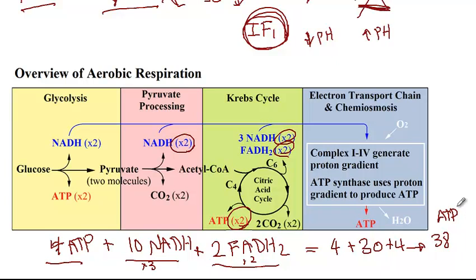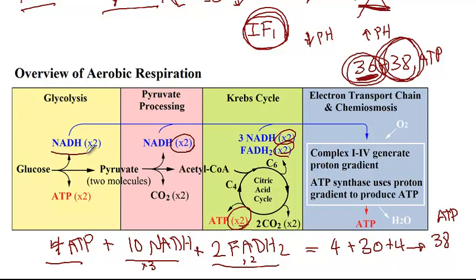And then you might have noticed that some sources say 36 to 38 ATP is produced from 1 molecule of glucose. Can you tell me where this number 36 is coming from? The number 38 is seen in bacteria because they don't have any membrane-bound organelles, versus in eukaryotes, the 2 NADH that are produced by glycolysis is in the cytoplasm, and now it has to enter the mitochondria in order to undergo the electron transport chain.